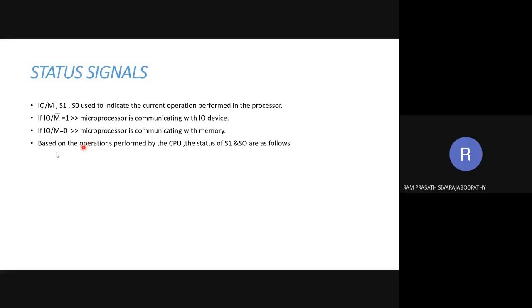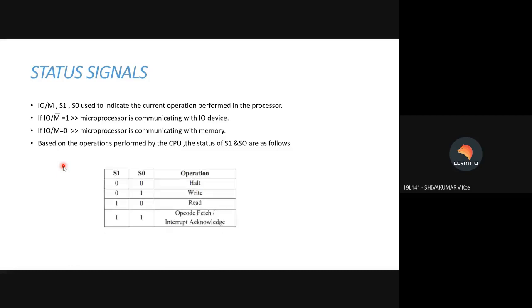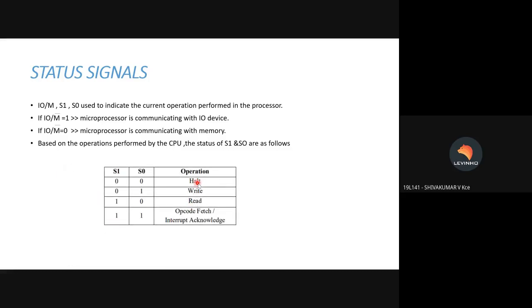Based on the operation performed by the processor, the status of S1 and S0 are as follows. During the halt operation, both S1 and S0 are low, so the CPU is communicating neither with memory nor with the input output device. When S1 is 0 and S0 is 1, it is performing a write operation.